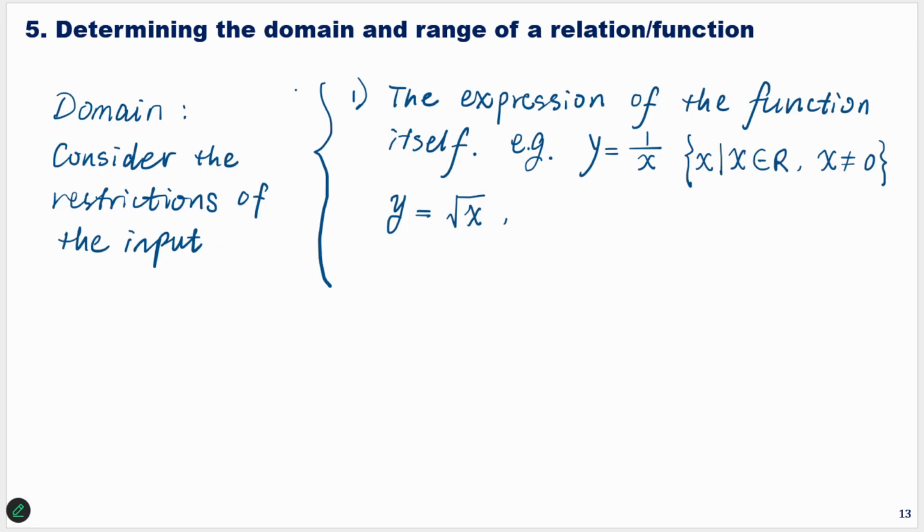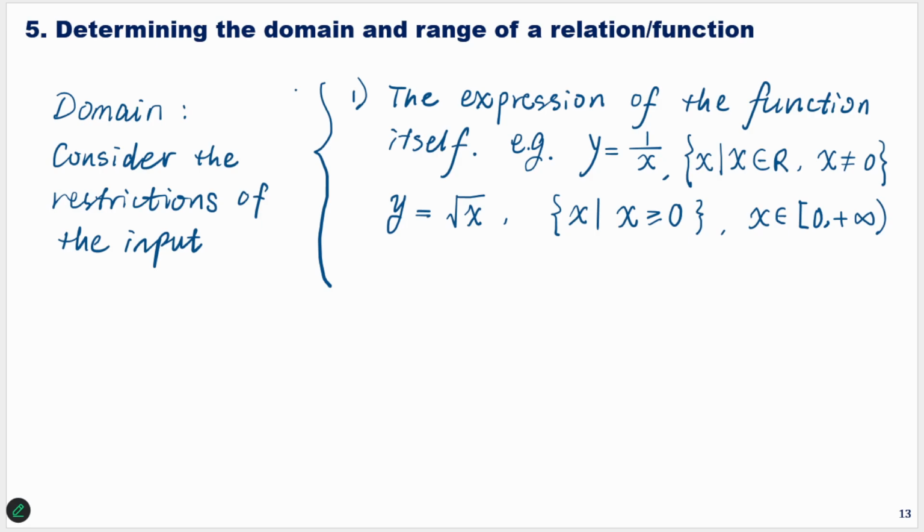So in this case, the domain is a set contains all values expressed in x. X is greater than or equal to 0. Or you could also say x belongs to the set from 0 to positive infinity. They are the same thing.